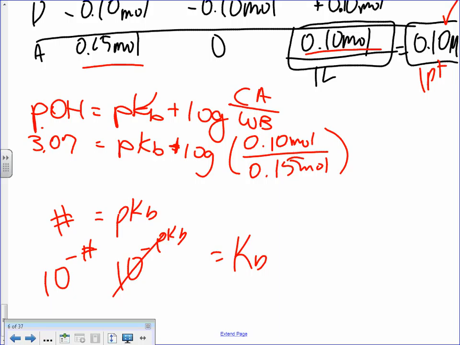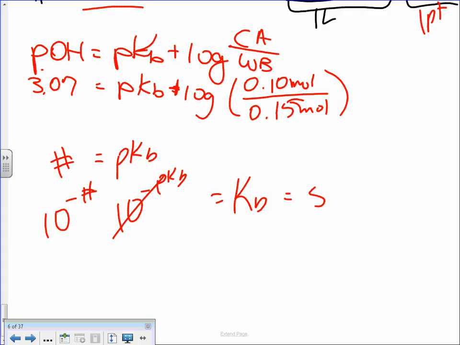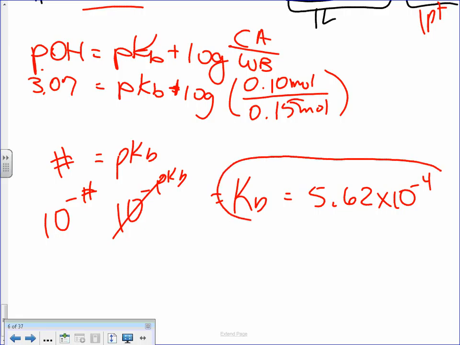Okay, I'll show you guys my way too, because that's basically what I got. 5.6 times 10 to the negative 4th equals your Kb. No units.